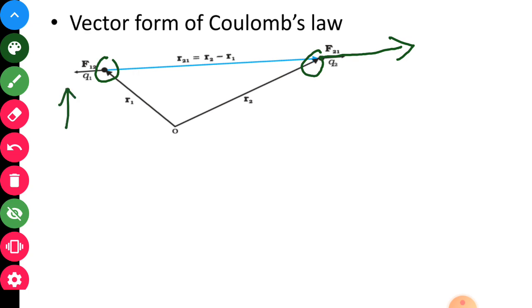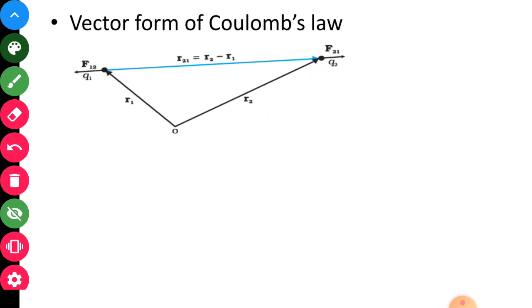Position vector of 1 with respect to O is R1. Position vector of 2 with respect to O is R2. And this which I have explained, that is vector R21 is vector R2 minus vector R1, according to the triangular law of vector subtraction.